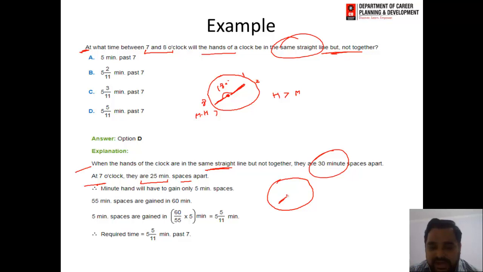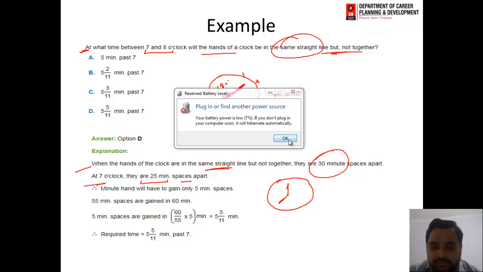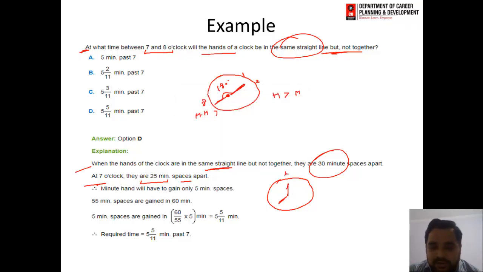Between 12 and 7 there is a 25 minute difference, but we need 5 more minute spaces. As we know, 1 minute space is 60 by 55, so to have a 5 minute difference, we multiply by 5, and the answer is 5 by 11. It means if the needle is at 5 by 11, we can say it's a straight line.